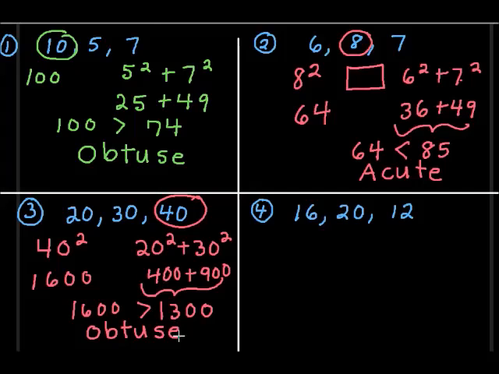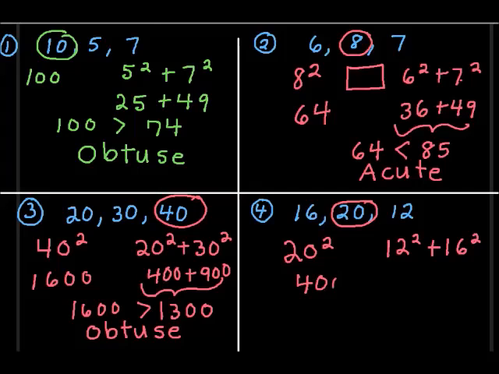Okay, let's try another one. I've got a 16, a 20, and a 12. My largest one is my 20, so I'm going to square that one first. 20 squared. I'm going to compare it to the other two sides, my 12 squared plus my 16 squared. Let's go ahead and do this. 20 squared is 400.